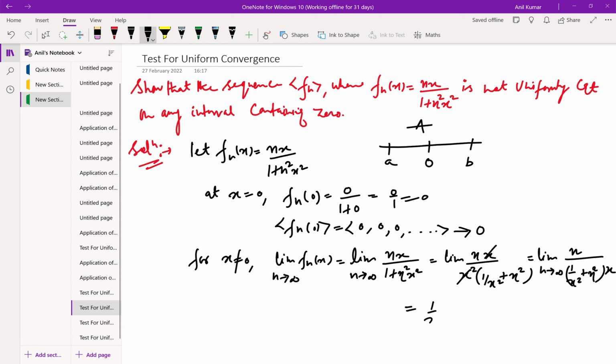You can take x outside, 1 by x outside, so this is limit n by, or you can write this one as limit n by x, है ना, इस x को हम ऊपर ले गए, n by x and n square.